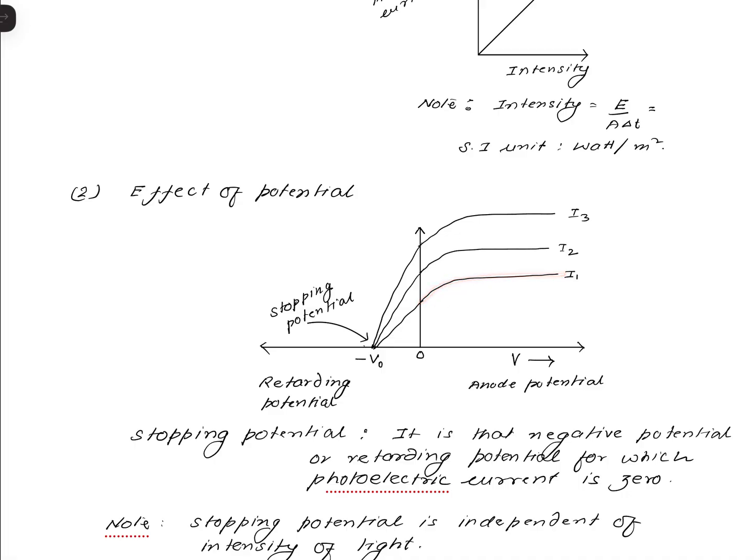But if I use negative potential and increase it, then the current decreases, and finally it becomes 0 for a given negative potential. That negative potential we call the stopping potential. And what we have observed is that stopping potential is independent of intensity. Even if I increase intensity, my saturation current increases, but the stopping potential remains the same.